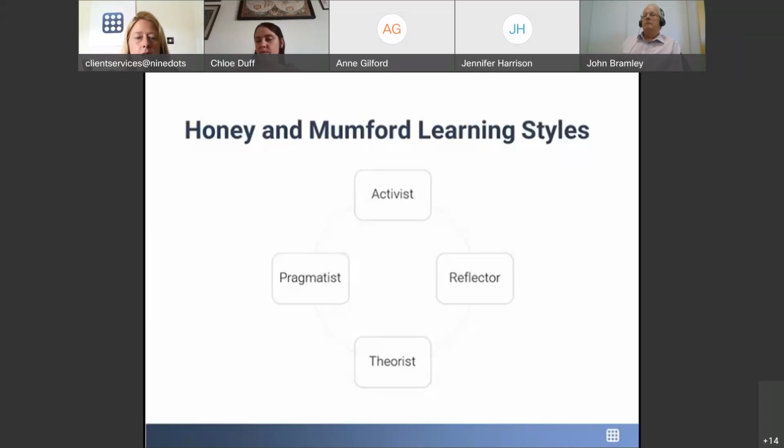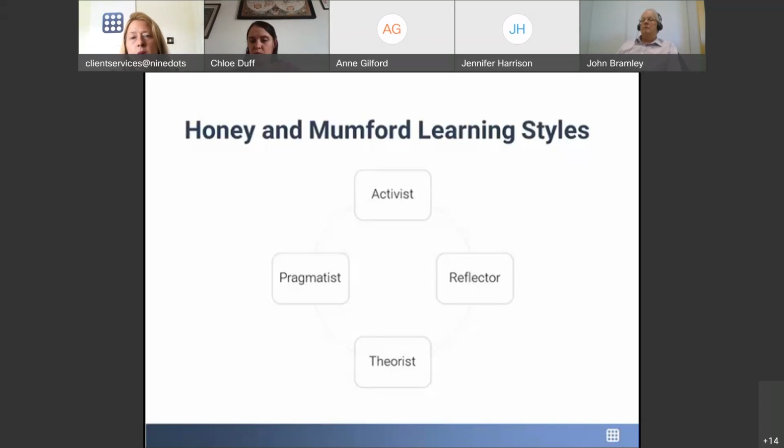So things about the fact that this is Honey and Mumford, the fact that we'll come on to a theory of 70-20-10 in a moment. So it's the theory behind what we're talking about. So what are the models, the facts behind it? Where's it come from? Whose idea was it? What's the statistics? What's the stories behind it?